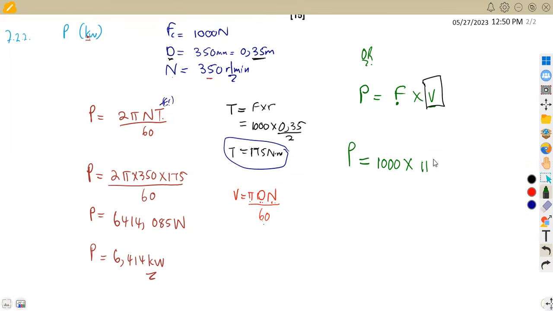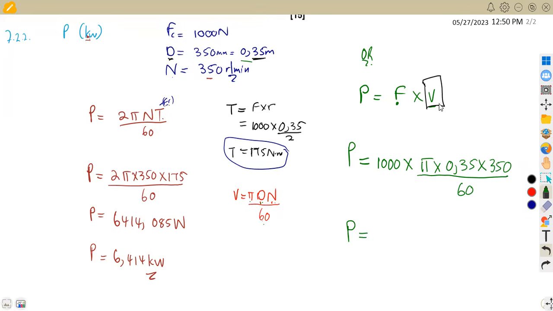So this is going to be pi times our d, which is the diameter of 0.35 times n, the speed in revs per minute of 350. But this is supposed to be over 60 to convert this. All right, so this is the part of having our speed.